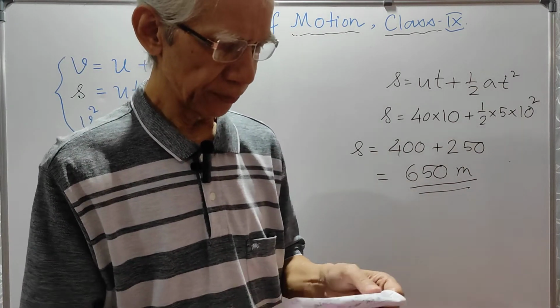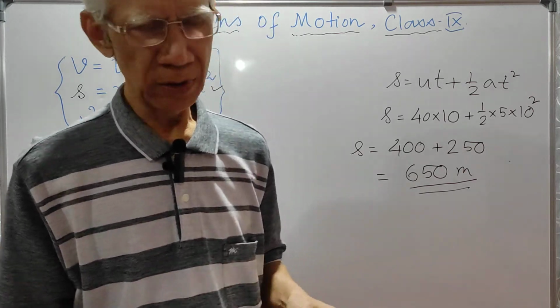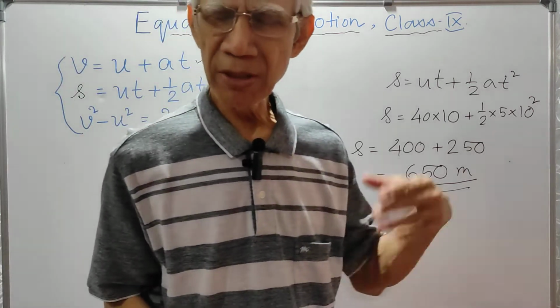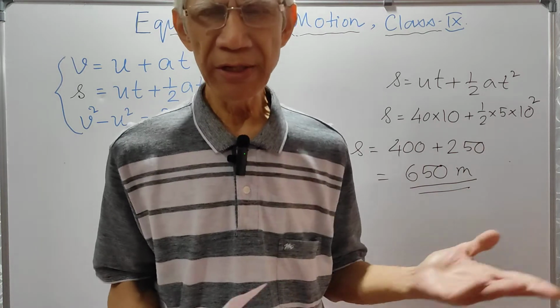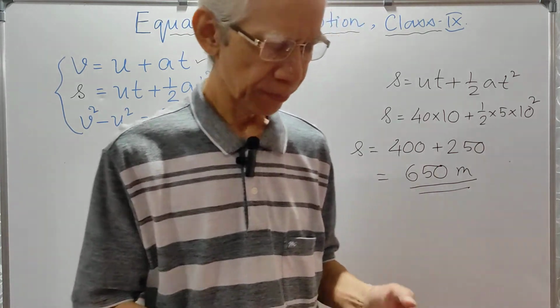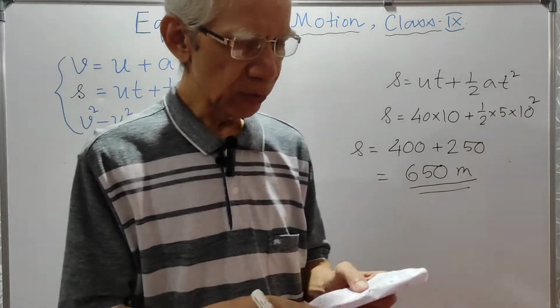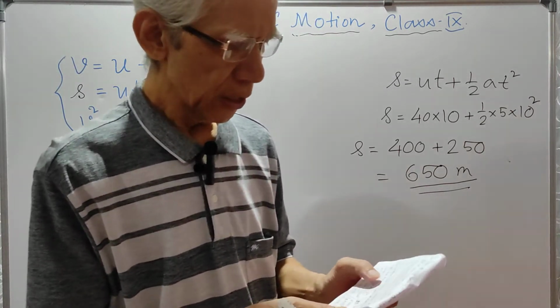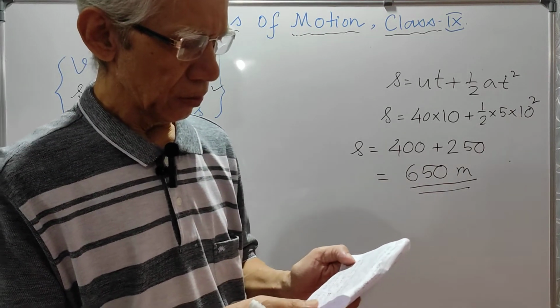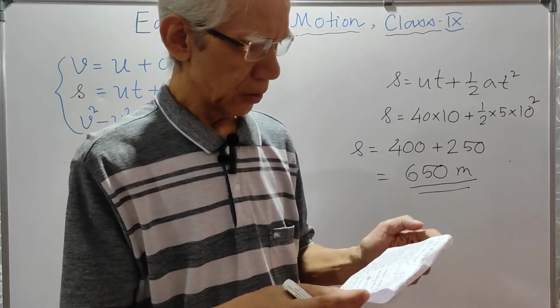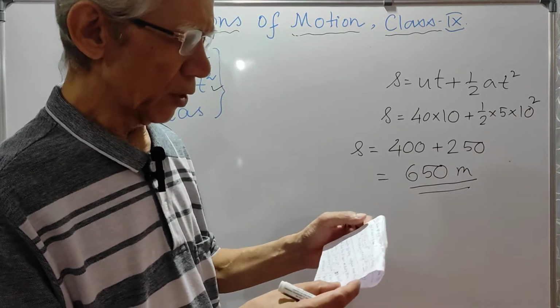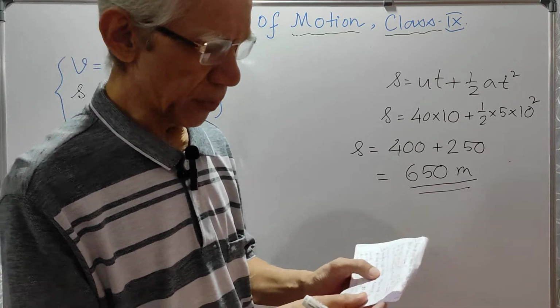Okay, now this one. Now all these equations that I am discussing have come in some exam before, mostly in NCERT exams, right? Now this one. A body is moving with uniform velocity 40 meter per second.